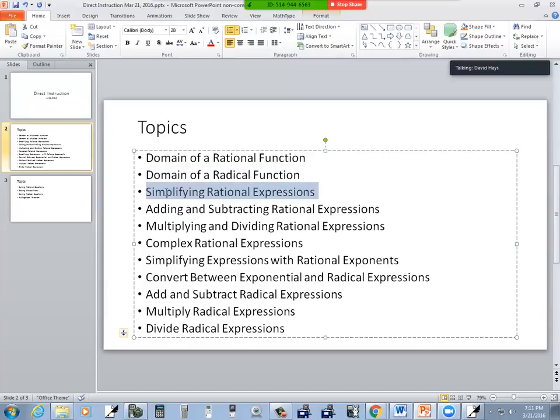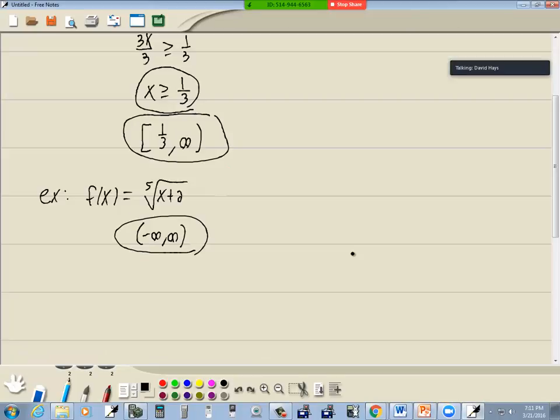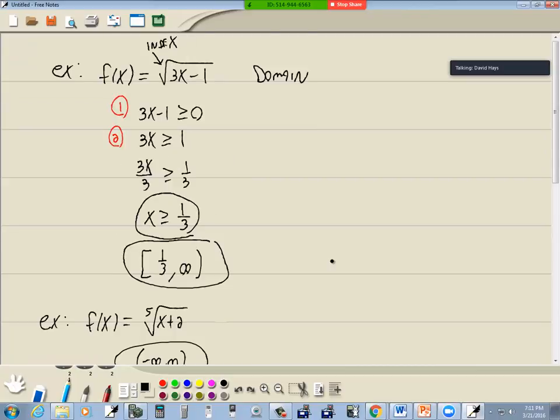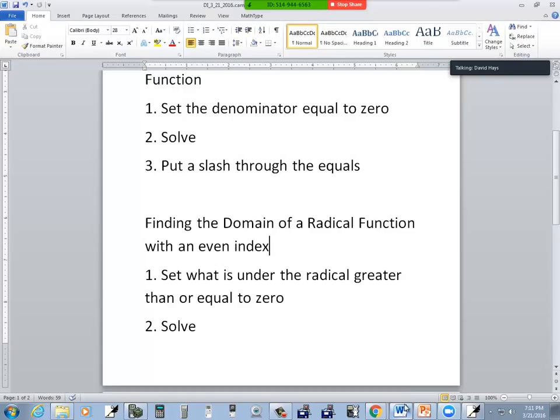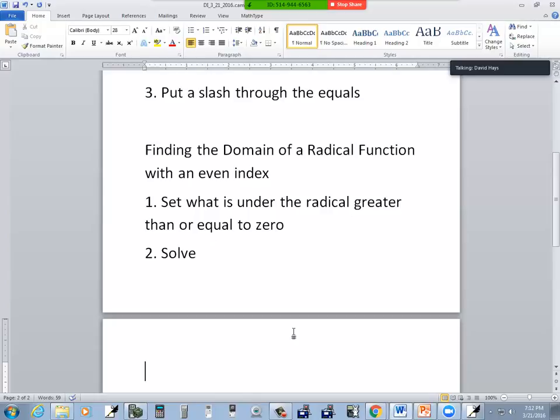Now let's take a look at simplifying rational expressions. Let me clear up this page. So simplifying rational expressions.